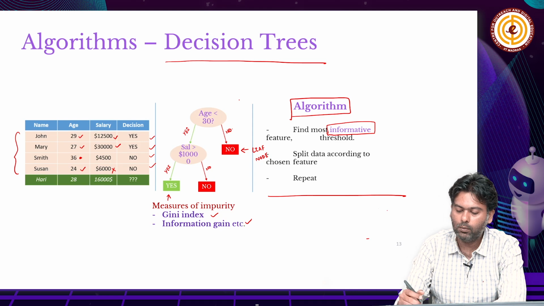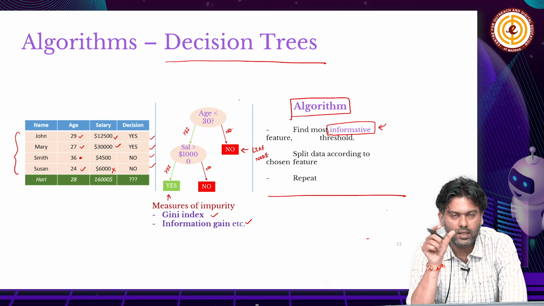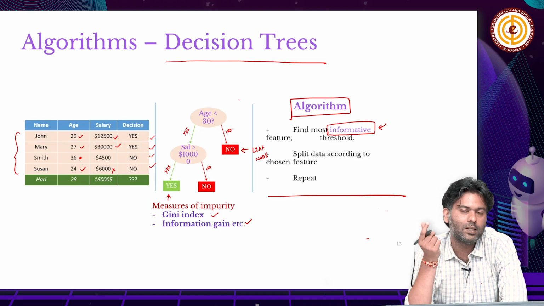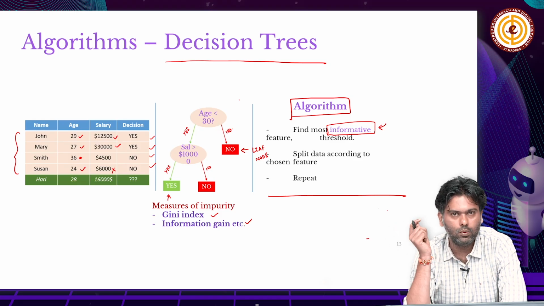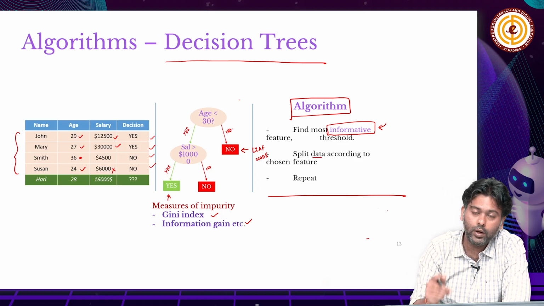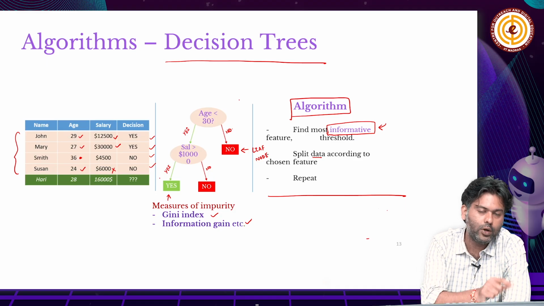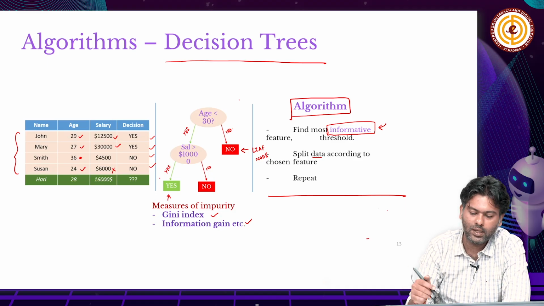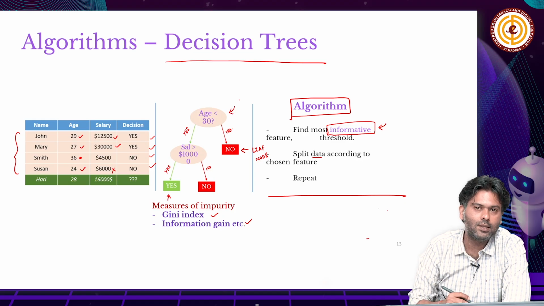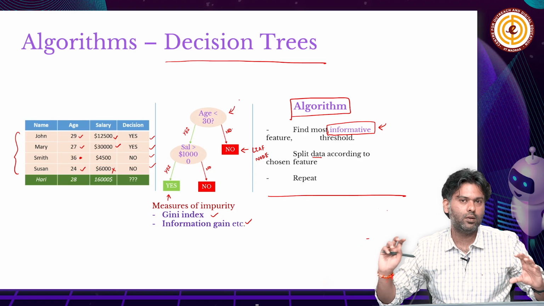So that's what I mean by saying find the most informative feature comma threshold. When I say feature comma threshold, the question you are asking is whether the feature is less than or equal to a particular threshold. And now you split your data according to the chosen feature, like how we split the 4 data points into 3 on one side and 1 on the other side by asking the question age less than 30, and then on both sides you see if it's a pure data set.